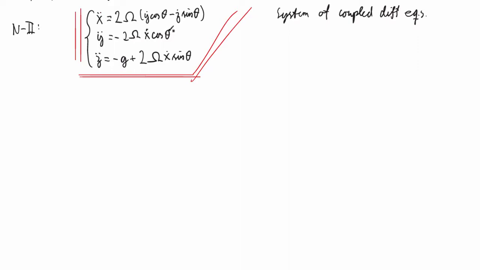And it turns out that we can solve it in a different way, at least approximately, by noting that the Coriolis terms are actually in size much less than the gravitational terms, which I put in blue here.